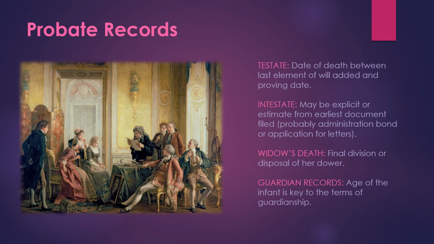If the individual died intestate, that is without a will, you can still often estimate the date of death from the earliest record filed with the court in the probate file or packet.